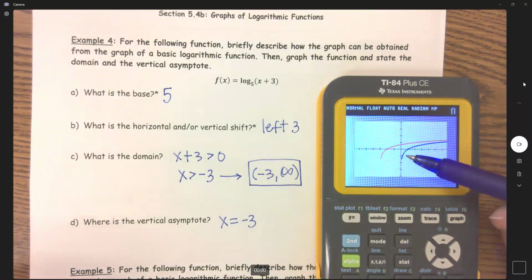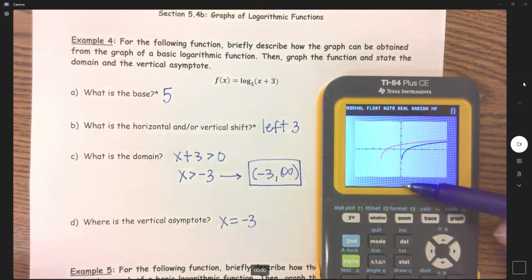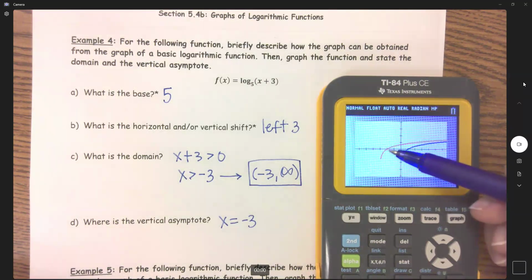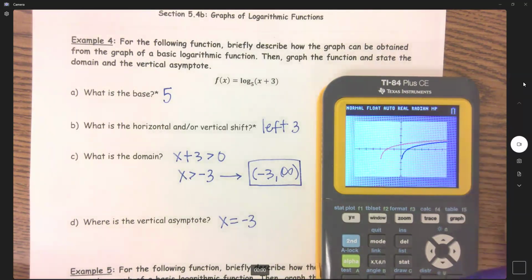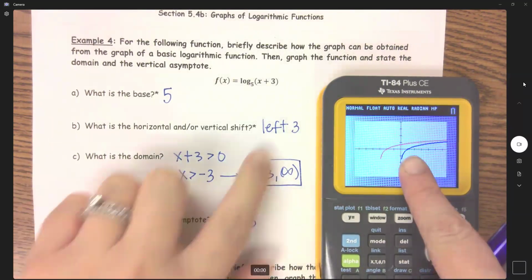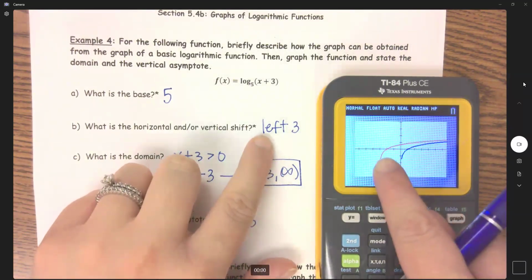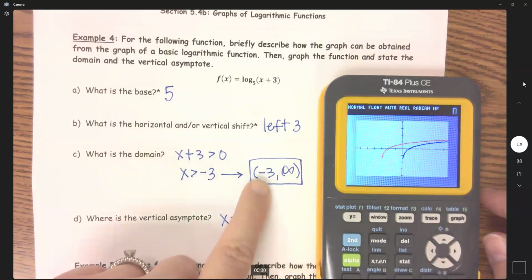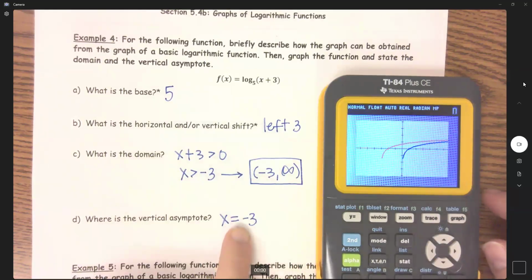It can't keep going without hitting or going over that vertical asymptote. So we need to know that that continues down and goes forever. Be aware of that when you see that graph. But you can see that that graph has been shifted over, which then shifts that vertical asymptote as well.